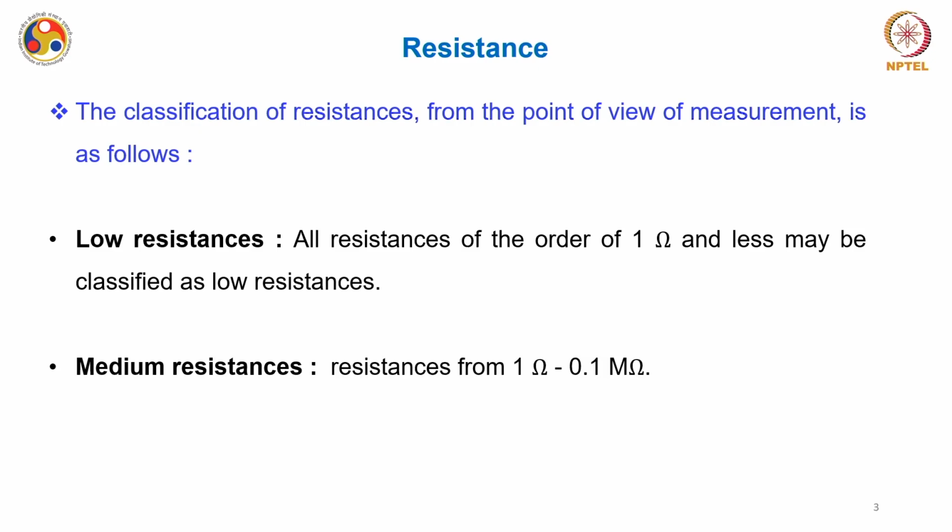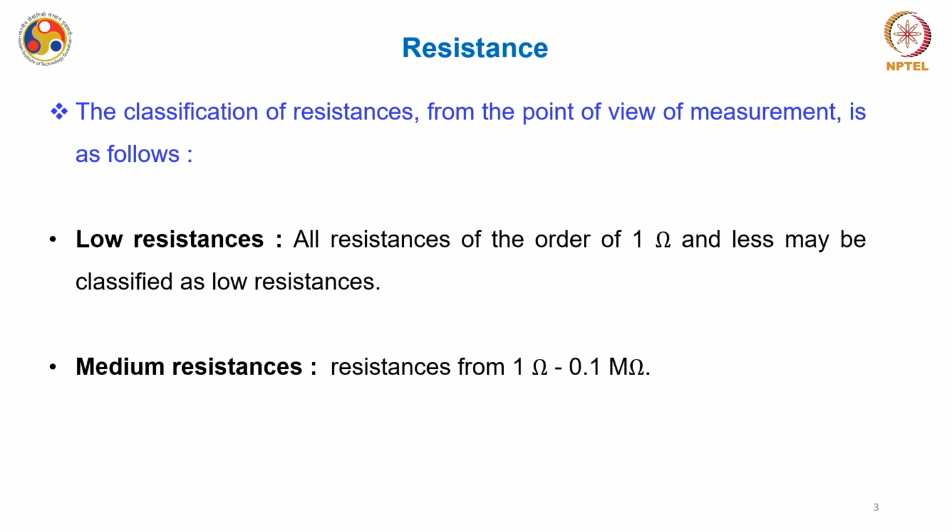When I say medium resistance, what we are going to consider in this course is anything from 1 ohm to 0.1 mega ohm or so, but this definition is very vague. If it is, say, 1.1 ohm, I am not saying you cannot use the method you use for low resistance. These definitions are not very strict.